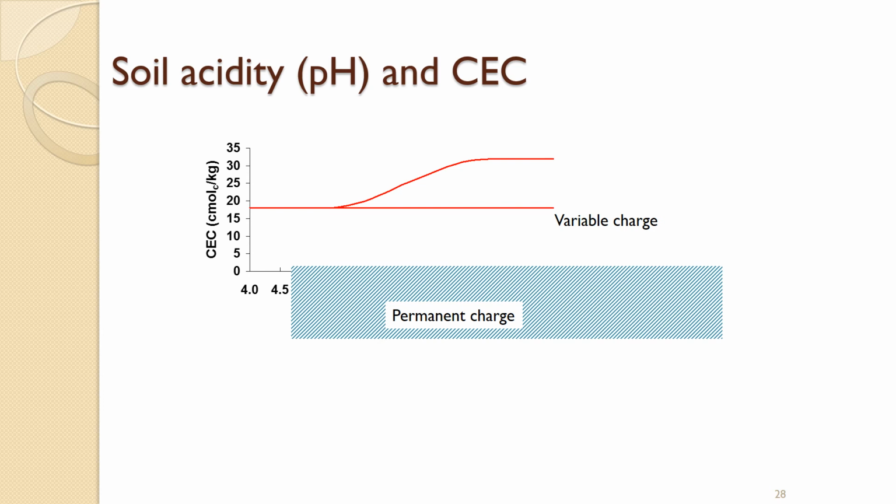However, the variable charged ions are going to increase their cation exchange capacity as you increase pH. And I'm realizing as I'm looking at this figure that everything got moved around. This variable charge label should be up here on the graph that increases, and the permanently charged one should be a giant box here on the bottom, so I apologize.